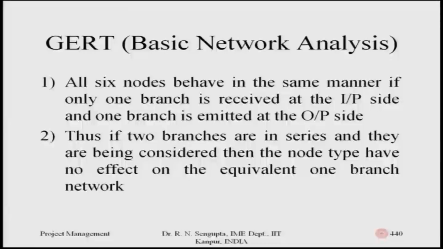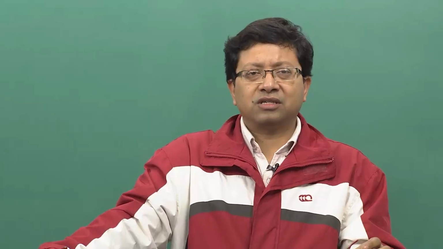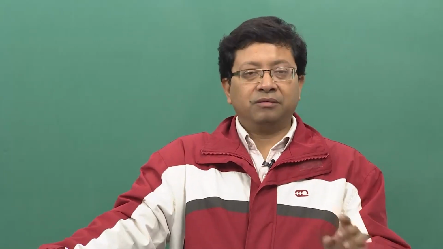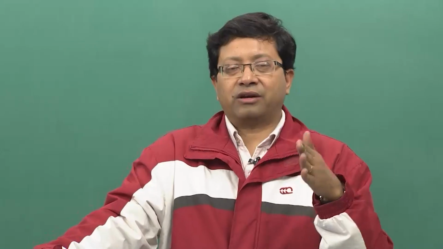Thus, if 2 branches are in series, so now the work can be done in series or parallel. If you remember the very basic concept of a series circuit versus a parallel circuit. If you consider the precedence diagram for PERT, CPM, based on the fact you have been able to draw the diagram to the maximum details using the Gantt chart concept, there would be some jobs which can run in parallel.